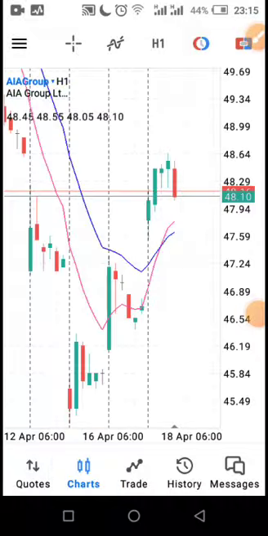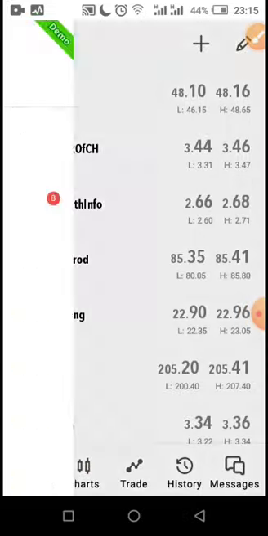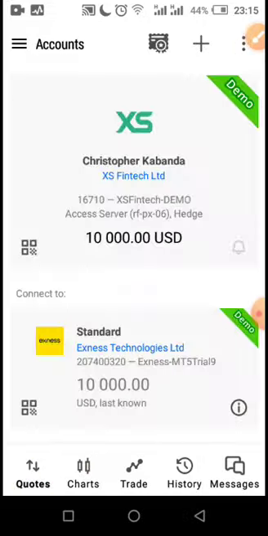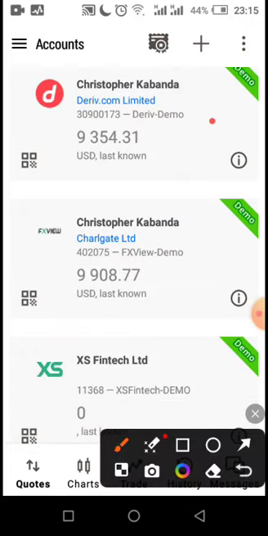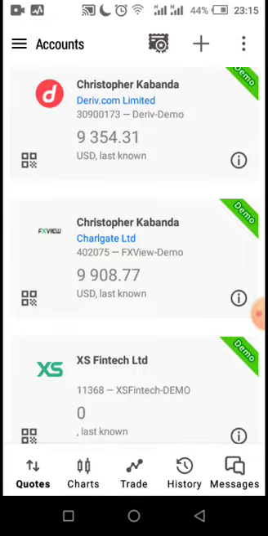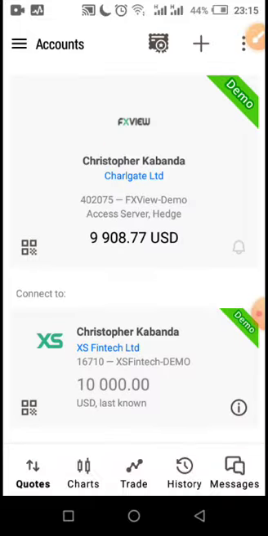Now, for those in Zimbabwe, when trading stocks, FXView broker has the problem of having high trading costs for day trading of stocks. So it would be probably better for you to trade stocks with XS broker.